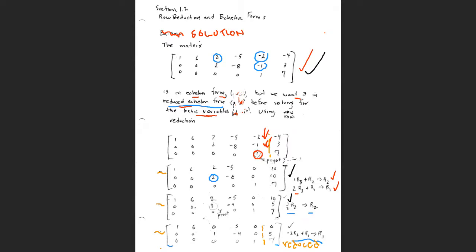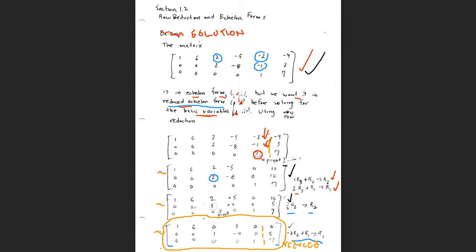Looking at this augmented matrix here, how many equations are there? How many equations do you see? That's right, there are 3 equations. And how many variables are there? 5 variables.